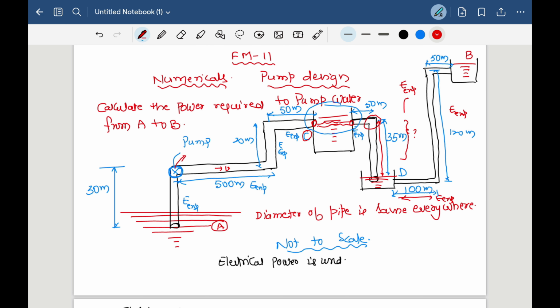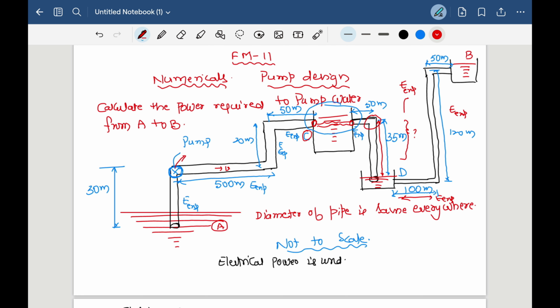Now, will the velocity in the pipeline till the reservoir entrance be the same as the velocity in the pipeline after the reservoir exit?